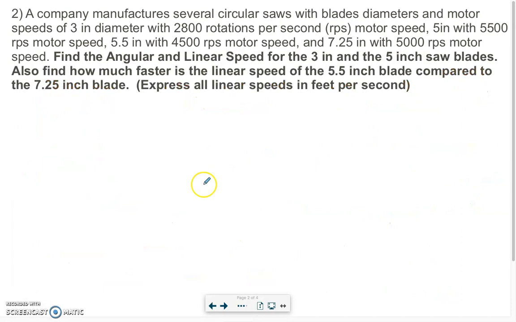All right, looking at number two, a company manufactures several circular saws with blade diameters and motor speeds of 3 inches diameter with 2,800 rotations per second, so RPS, a 5-inch with 5,500 RPS motor speed, a 5-inch with 4,500 RPS motor speed, and a 7.25-inch with 5,000 motor speed.